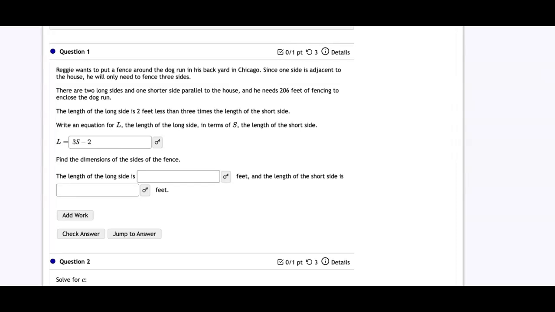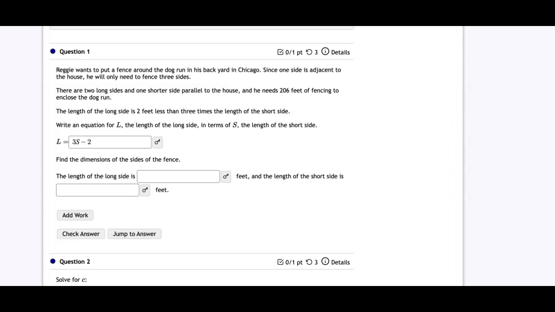Well, 6S plus S. You see here, do you see 6S minus 4 plus S equal to 206? Do you see that? Let me just tap again. 6S minus 4 plus S equals 206. 6S plus S is 7S. Right?